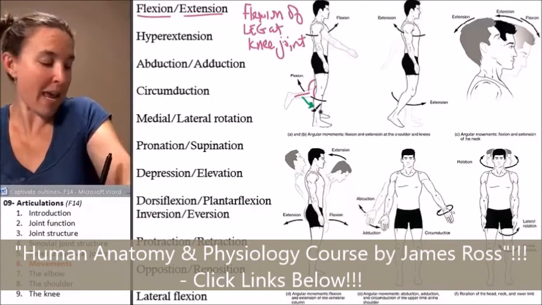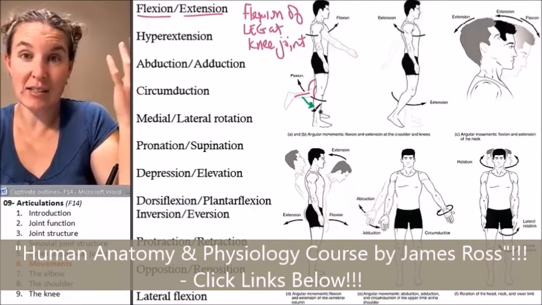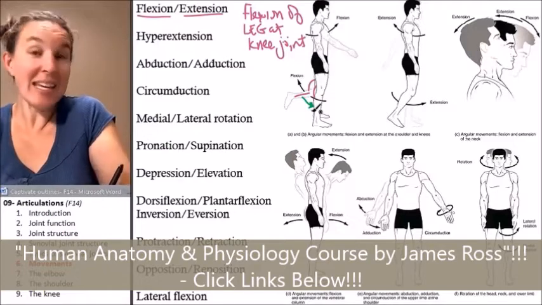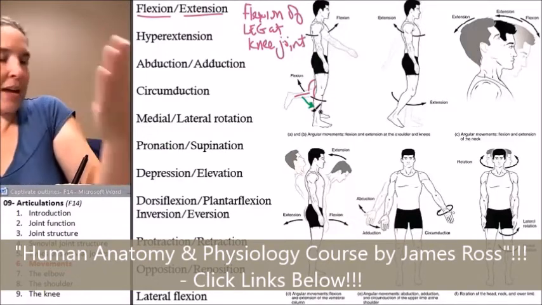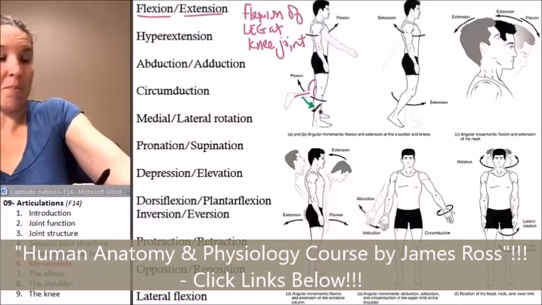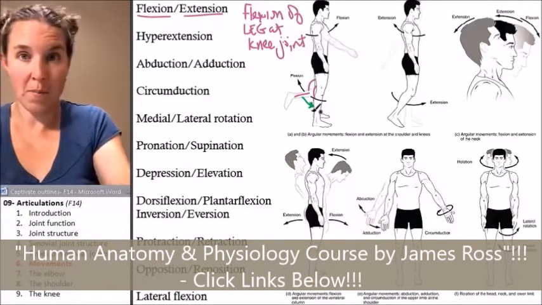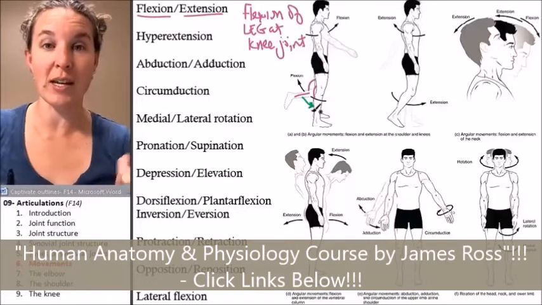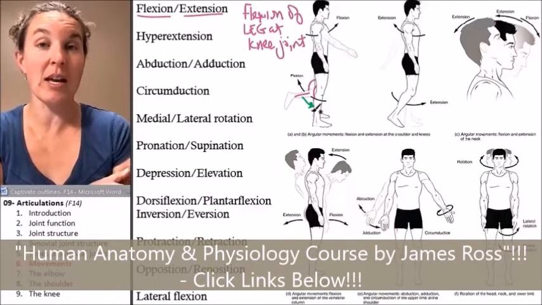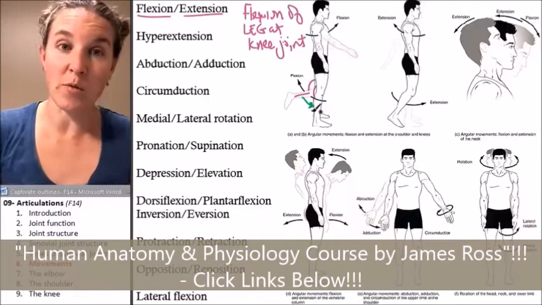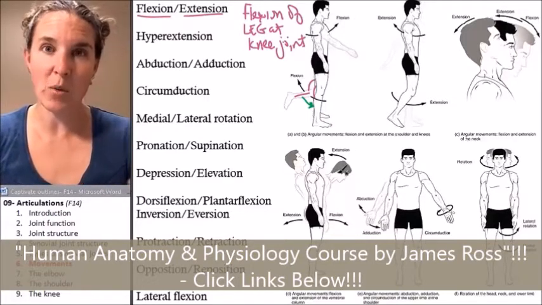That's flexion. My angle decreased in that sagittal plane. If I want to put it back, I'm going to extend my forearm at the elbow joint. And it's another muscle, not biceps, that is responsible for that. It's triceps that's responsible for the extension, putting it back where it started.